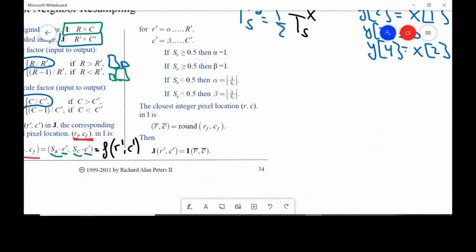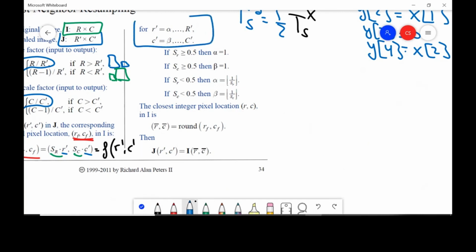Now, how do you do the scaling? You loop over all the coordinates in the output, then calculate the fractional coordinates, RF, CF.